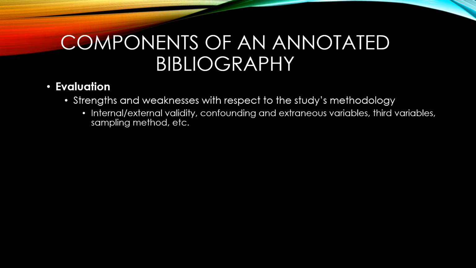Is it a well-designed laboratory experiment that is going to offer a lot of internal validity, or is it a more naturalistic study that's going to potentially have a lot of extraneous or confounding variables? If it's an experiment, you could talk about confounding and extraneous variables.